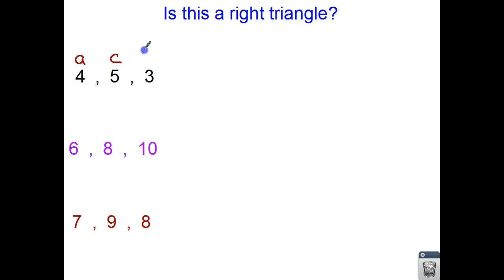I can just call that A and B. But you need to find C first so we know what numbers to plug in the correct areas. So if A squared, we have 4 squared plus B squared is equal to C squared, that's our C.